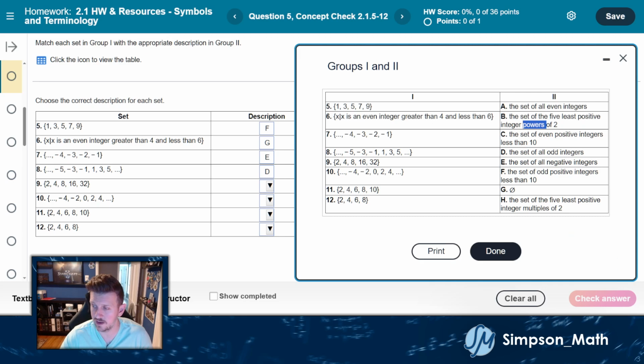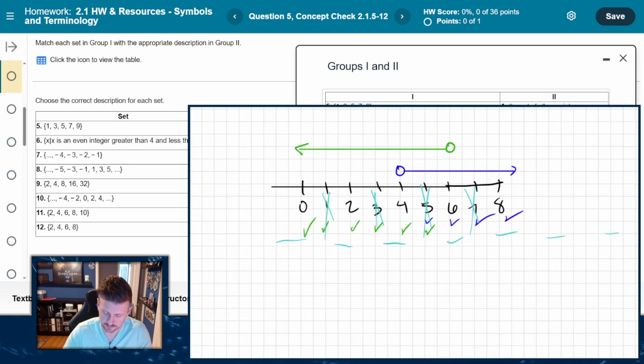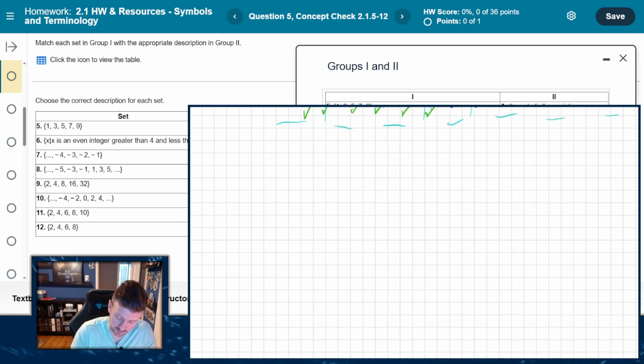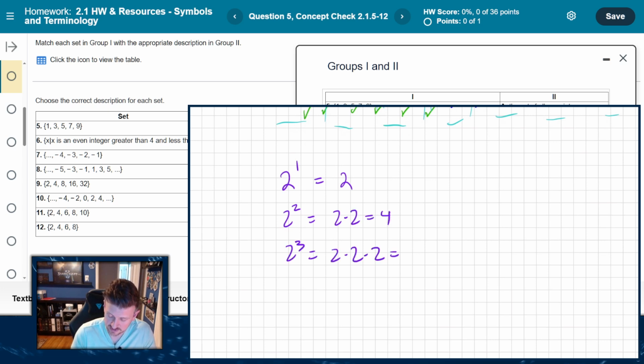So let me remind you about a power. So 2 to the power of something. 2 to the first would be 2. If I have 2 squared, that would be 2 times 2, which is 4. 2 cubed, that would be 2 times 2 times 2, which is 8.